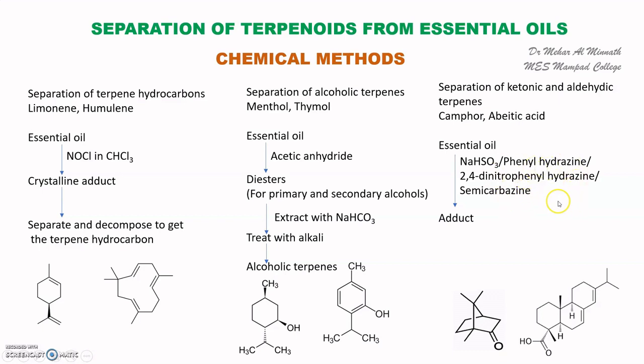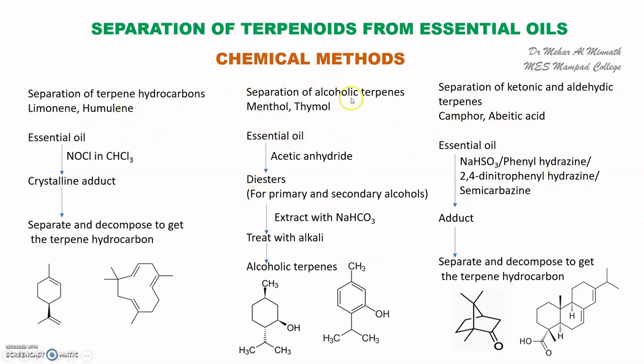The hydrazones, bisulfites are obtained. The corresponding adduct is obtained. This adduct is then separated and decomposed to get the terpene hydrocarbon. Sorry, not terpene hydrocarbon, there's a mistake here. The ketonic and aldehydic terpenes. Okay, not terpene hydrocarbon. So these are the methods by which you can separate different types of terpenes.